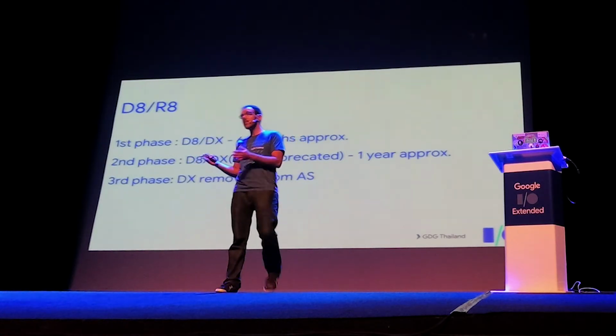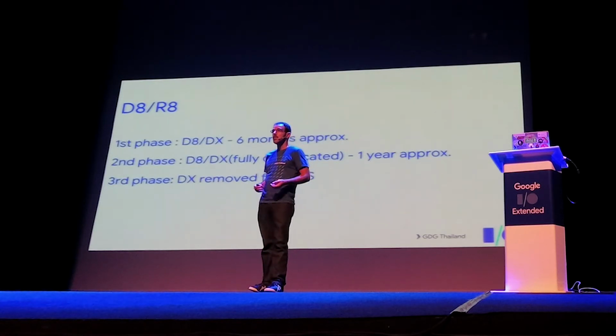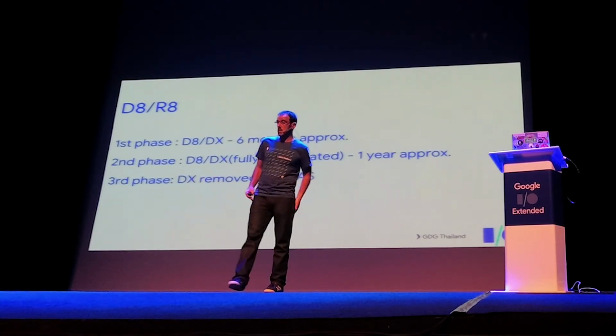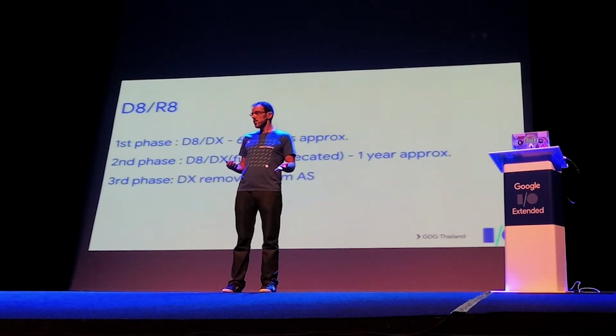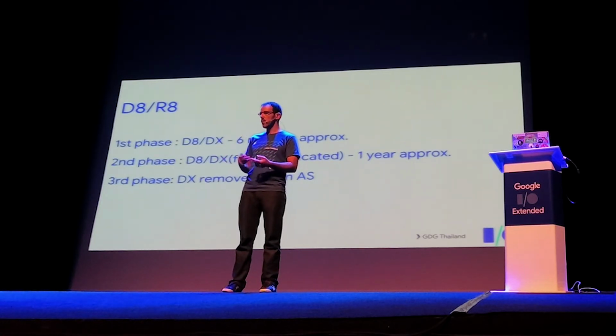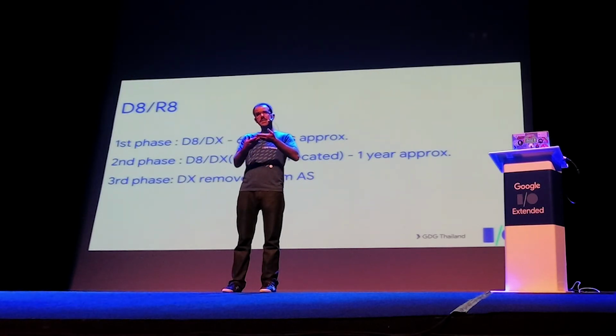So don't leave things for the last day, because again, they're not free of problems or bugs. For example, with version 3.1, we are having problems with the nested lambdas of Kotlin, and it's not the fault of the Kotlin compiler, it's the D8.